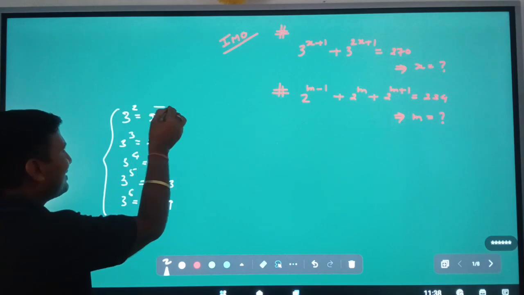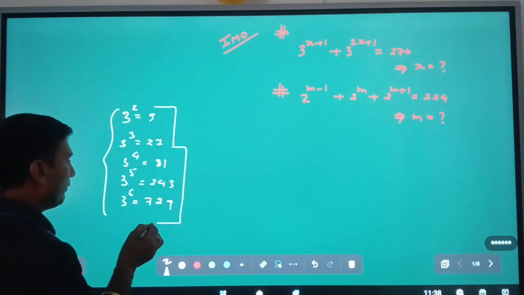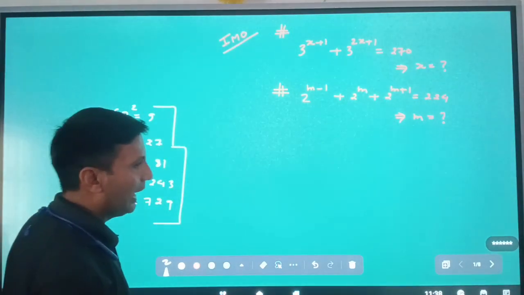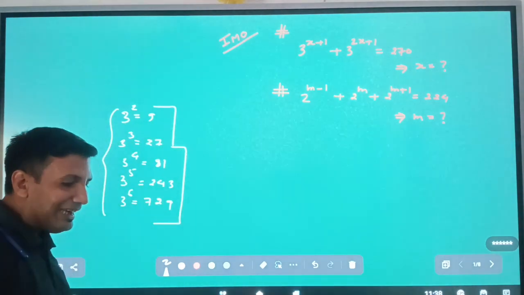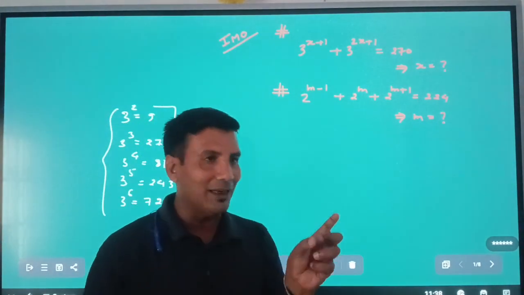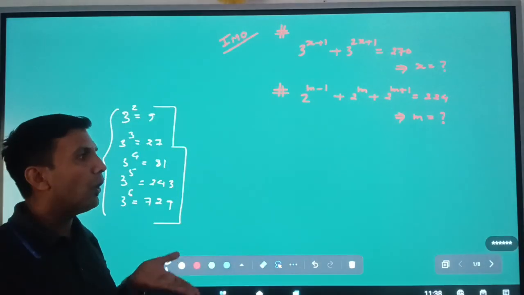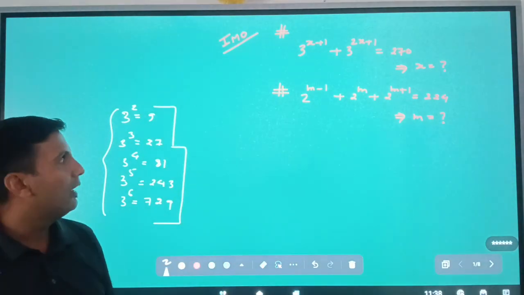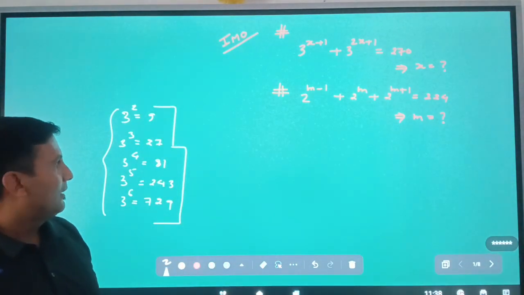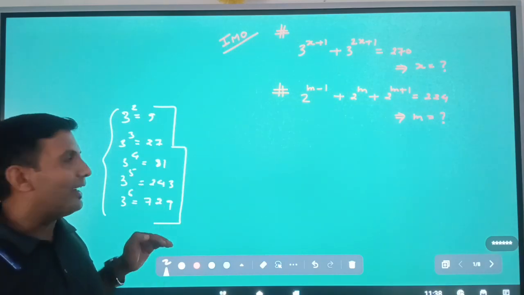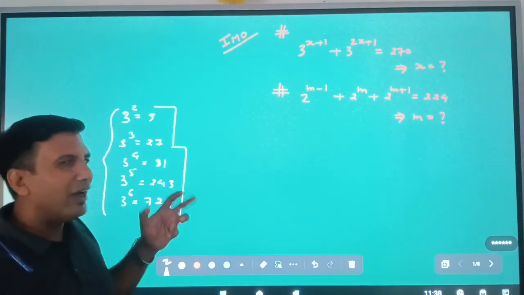So being a student of class 8, 9 or 10, if you are eager to know things directly without any calculation, you have to develop some charts like this, or it will be given in the classes.